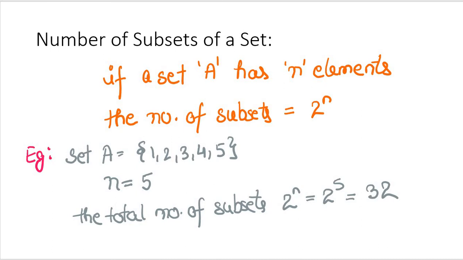Right. So with this simple formula of 2 to the power n, where n is the number of elements of a set A, I can simply find out the possible number of subsets.